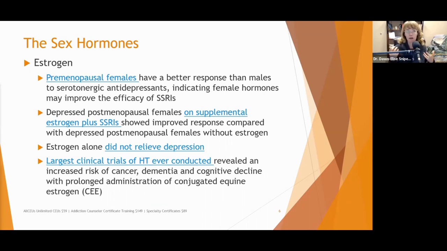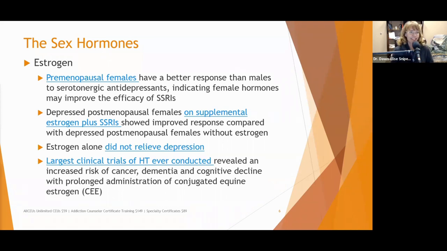It wasn't super influencing, but when they bumped that estradiol level back up to premenopausal levels, all of a sudden we started seeing improvements in mood. Estrogen alone, though, did not relieve depression. So there is something going on with the serotonergic system that is still out of whack, but adding estrogen is sort of an enhancer to the treatment protocol.